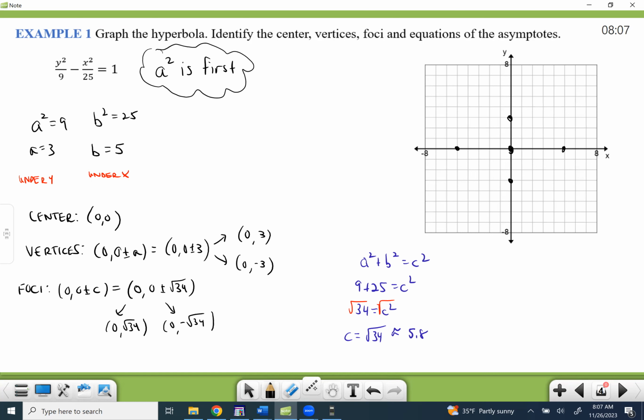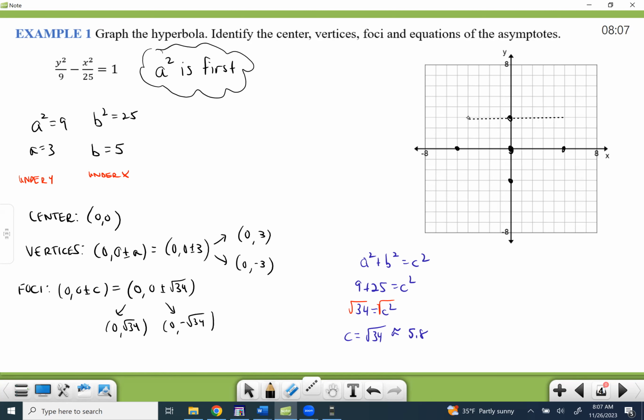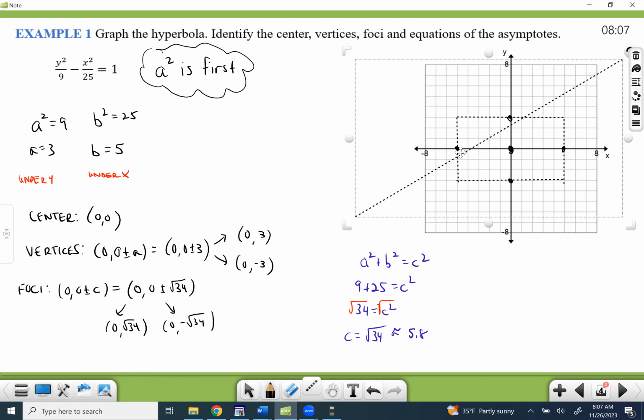So we're going to draw, let me make sure the color is black. It is, okay. We're going to draw a line here. It's basically a rectangle where those dots are along the edges. And then we're going to draw through the diagonal of the rectangle.